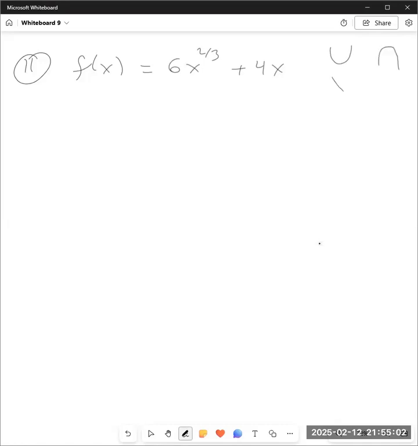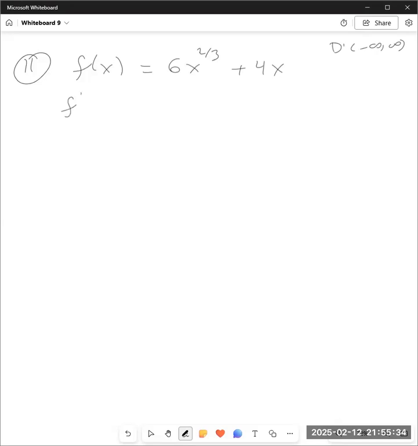Now we're going to have one that makes a node or a cusp of some kind, like this, or like this, or like that, something where it comes to a sharp point because of this even over odd exponent. It's going to make a cusp like that. Absolute values would make a node. Our domain is still all real numbers here.